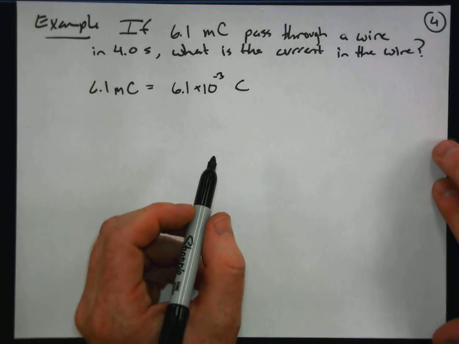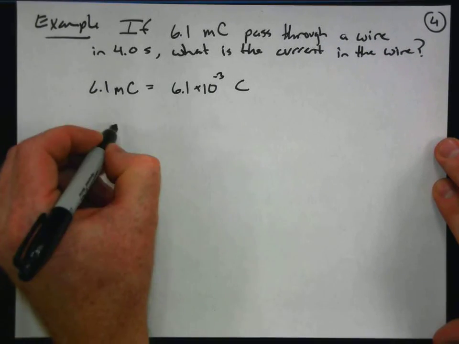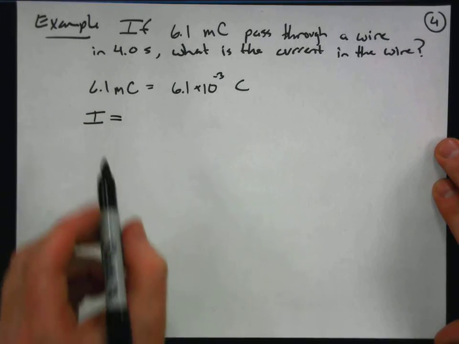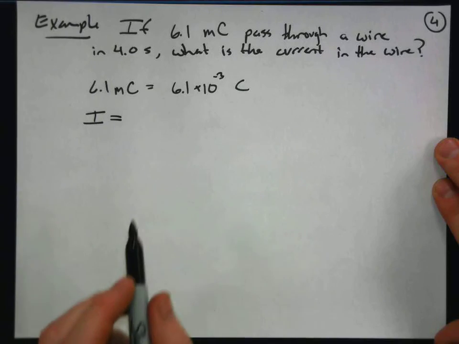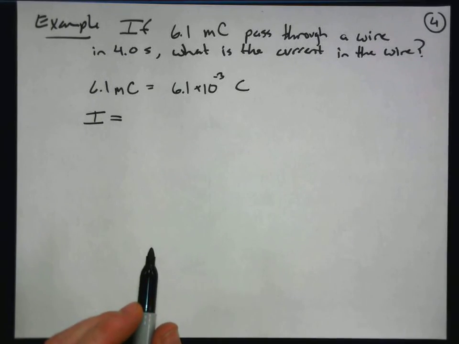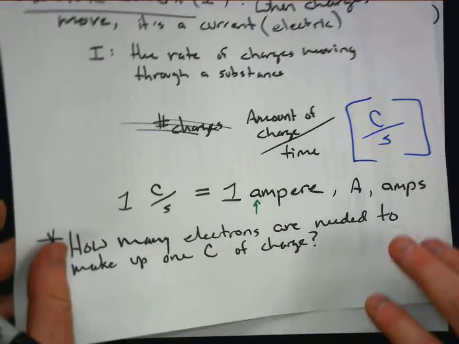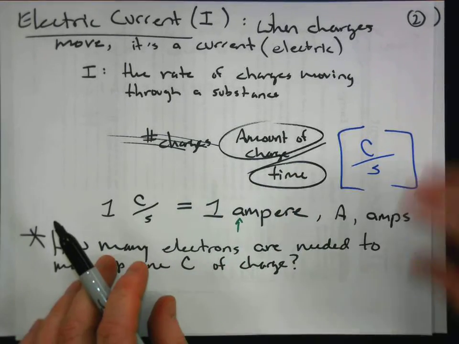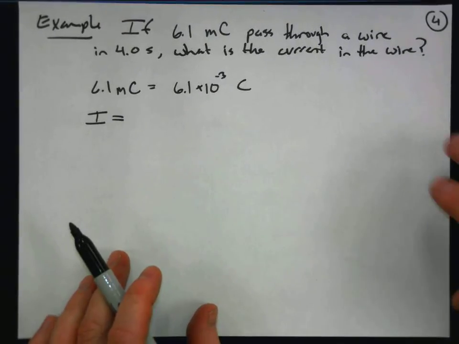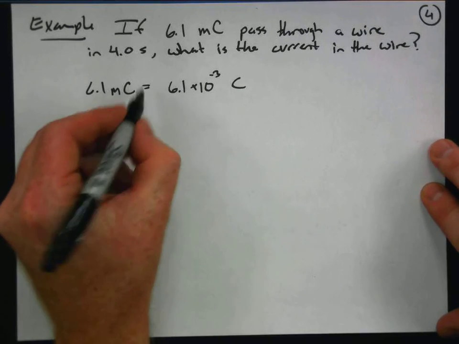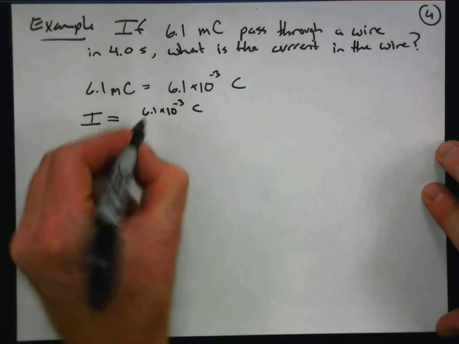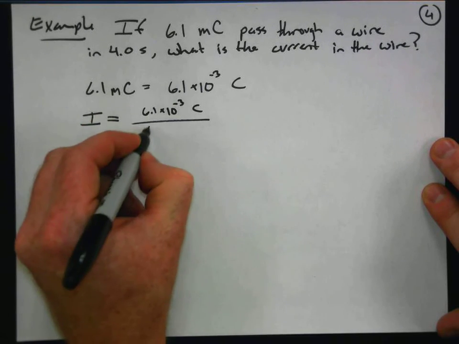Now also, I need to realize something about current. Current is just the amount of charge divided by the time. That goes way back to the original definition, understanding of current. And I have an amount of charge and I have a time, so it's relatively straightforward. 6.1 times 10 to the negative 3 coulombs divided by the time, which is 4 seconds.